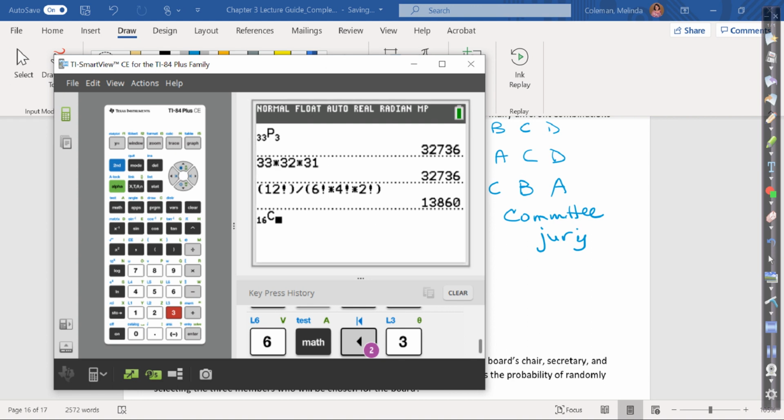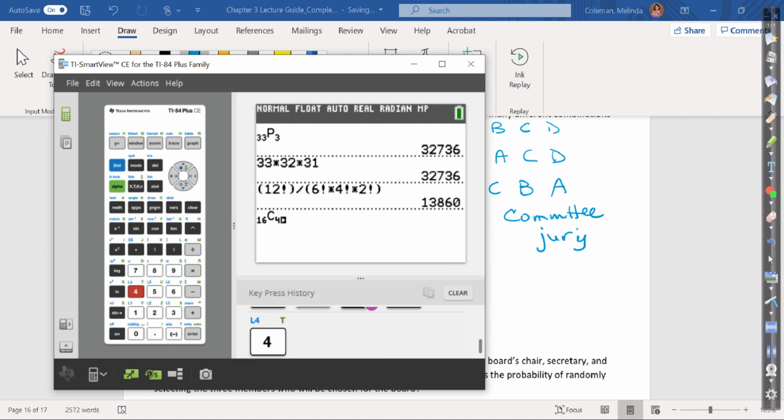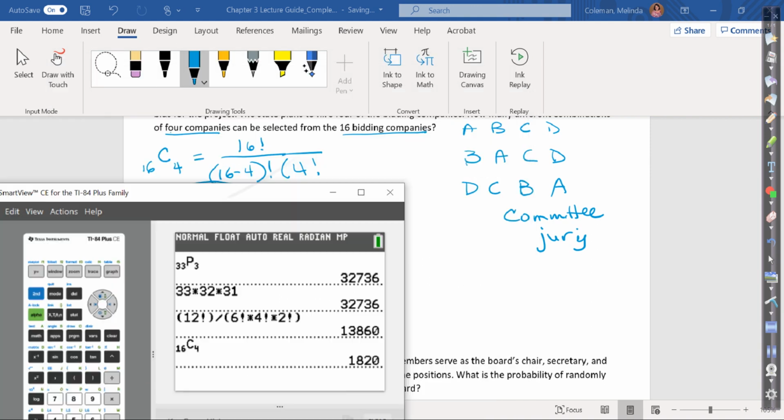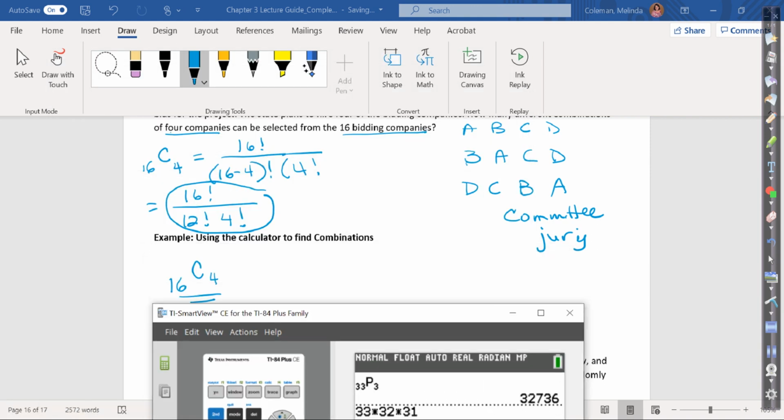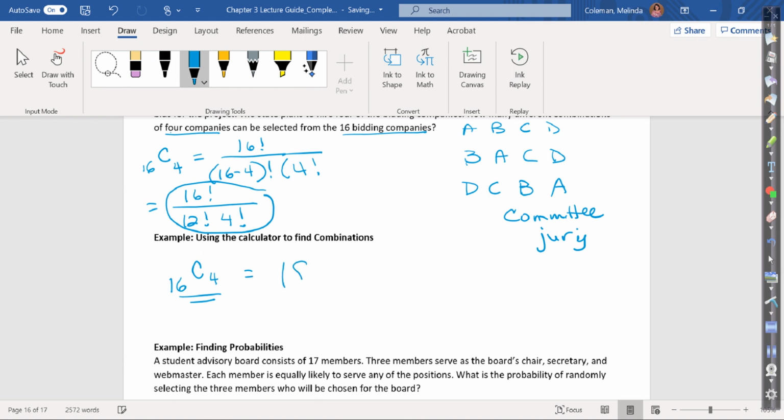And see how small the numbers are as well, so that's 16 things, combination-wise, taken 4 at a time. Hit enter. And now there are only 1,820 ways that the companies can be selected.